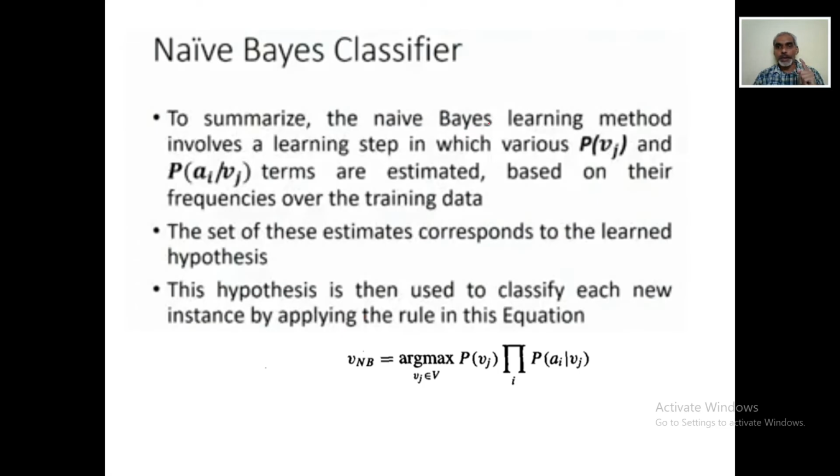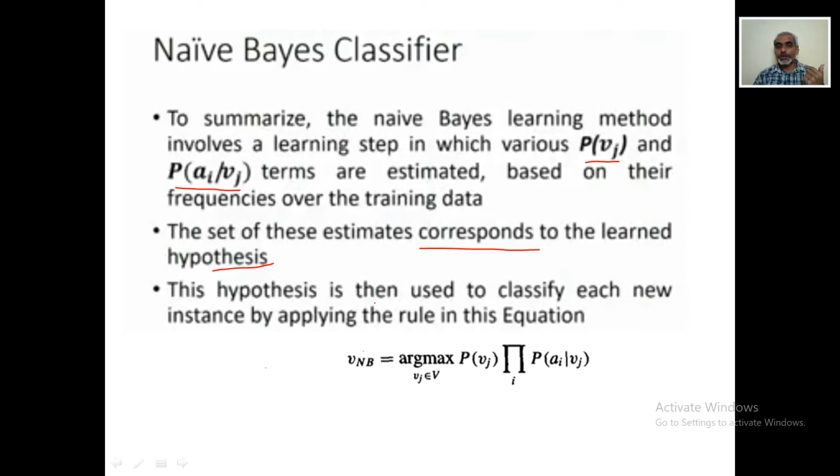Now to summarize our naive Bayes learning method, it involves a learning step in which various probabilities of Vj and probabilities of Ai given Vj are estimated. You are going to find these two things based on our training data set, and this set of estimates corresponds to the learned hypothesis. This is what the learning machine is going to do.